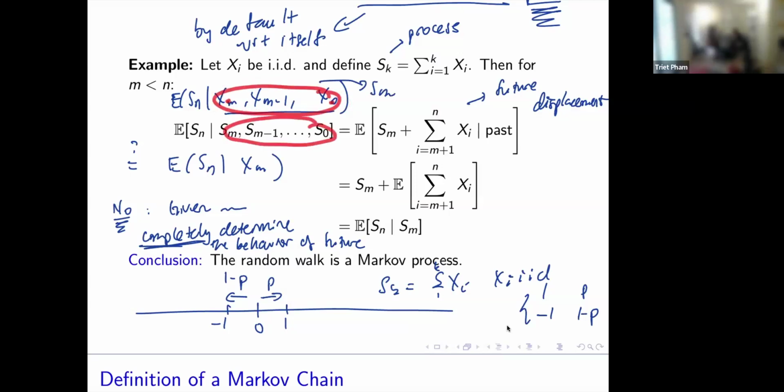Knowing x0 to xm is the same as knowing s0 to sm, and that's a first important recognition. You understand? Because from the x, you can reconstruct the s, and from the s, you can reconstruct the x. They're really like integral and derivative. You know the derivative, you know the integral. You know the integral, you know the derivative. Okay, so far?